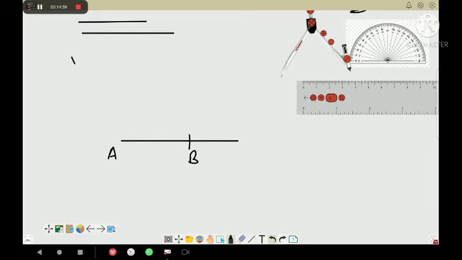So by using compass, you can draw a 90-degree angle.